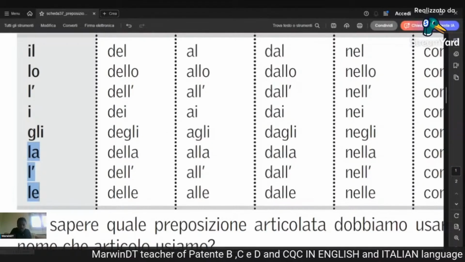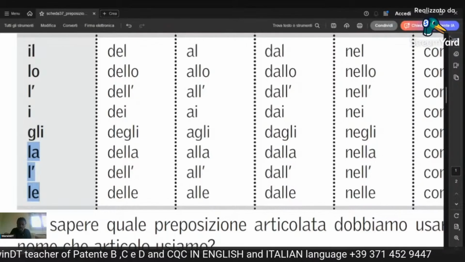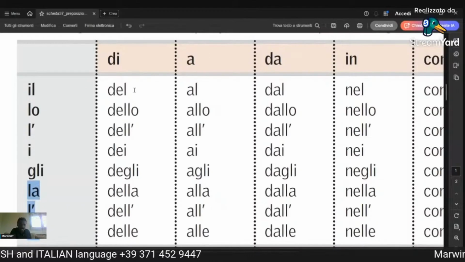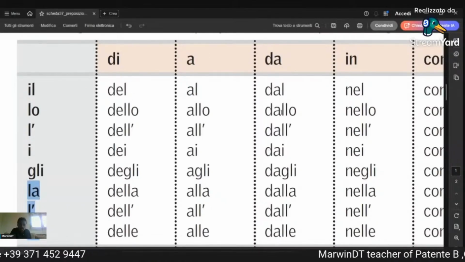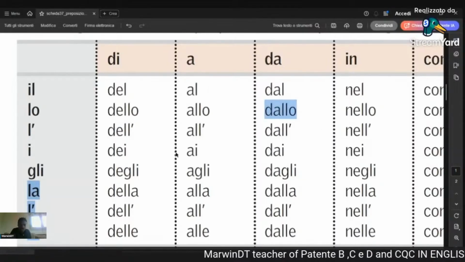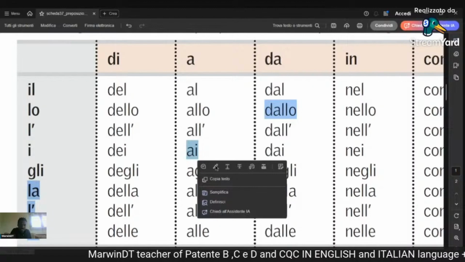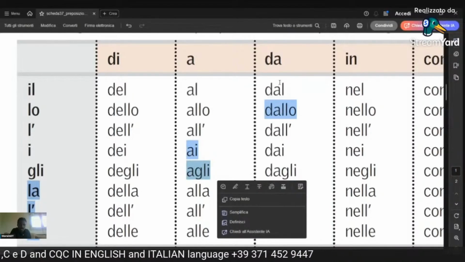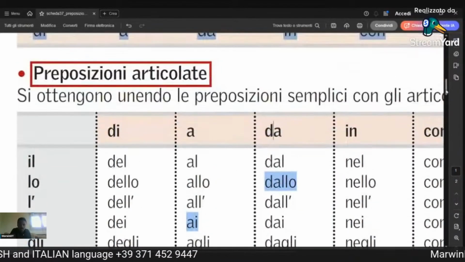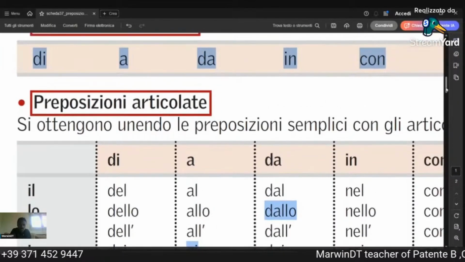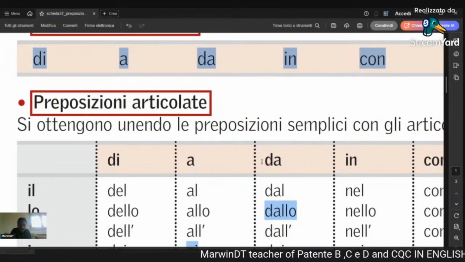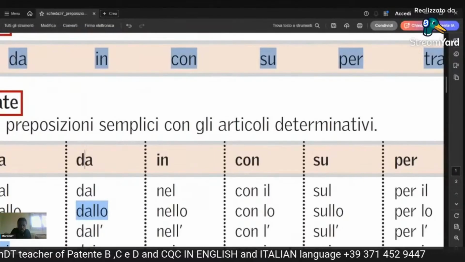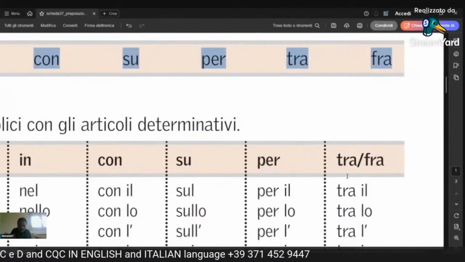Now, in order for them to take the shape of, for instance, del or al, or dallo, or agli, or ai, they must be joined together with the preposizioni, which is what we saw on top, which is di, a, da, in, con, su, per, tra, fra.